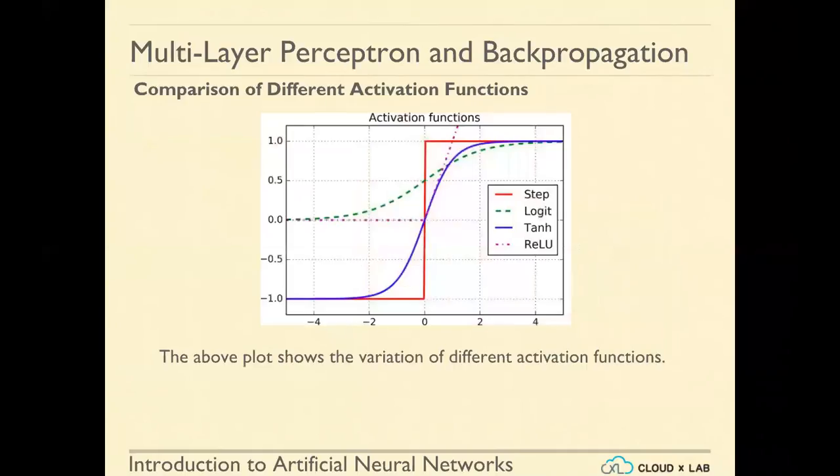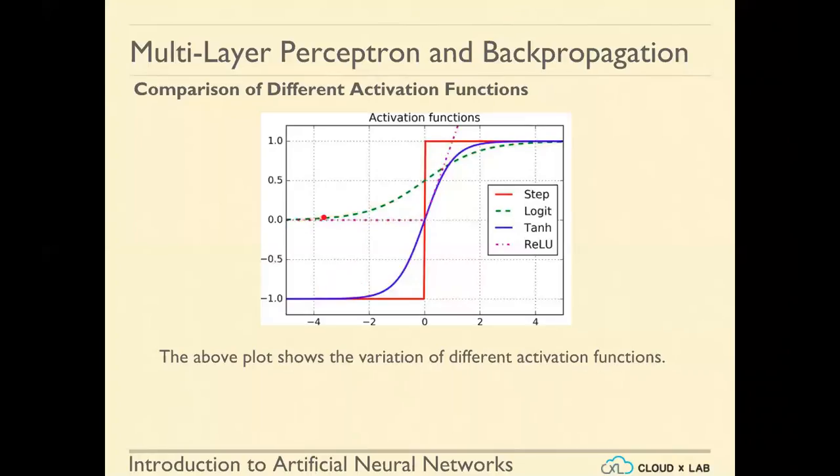So this is the comparison of various activation functions. This is the step function that was the core of the MLP model, the multi-layer perceptron, but it is not used because it is not differentiable. This is tanh. Tanh is also quite useful. This is the logistic function.